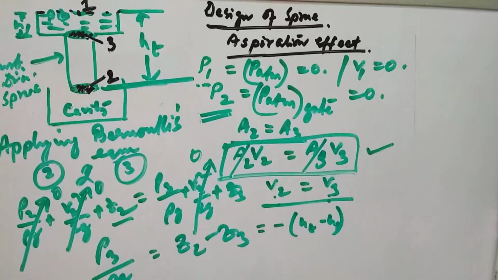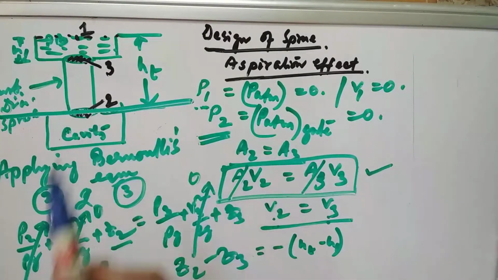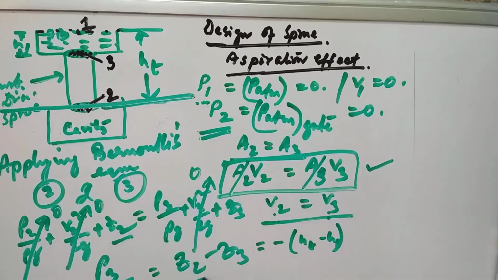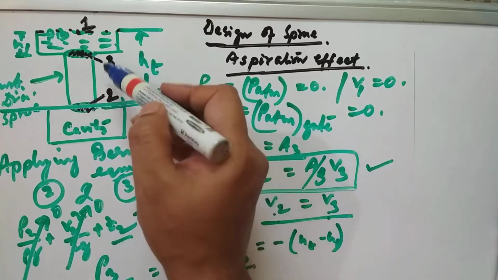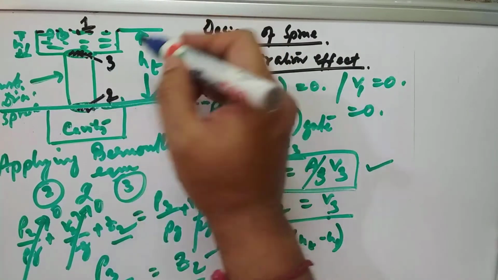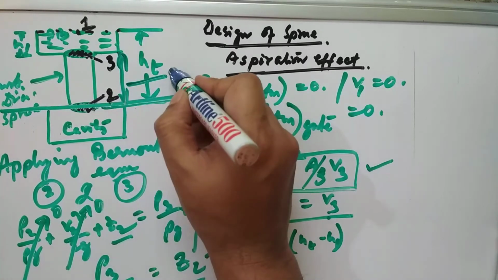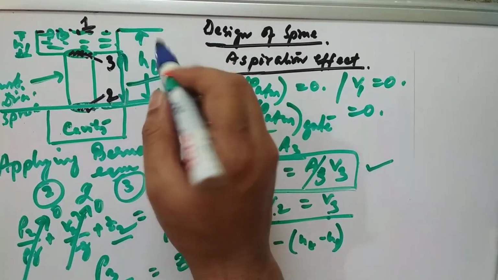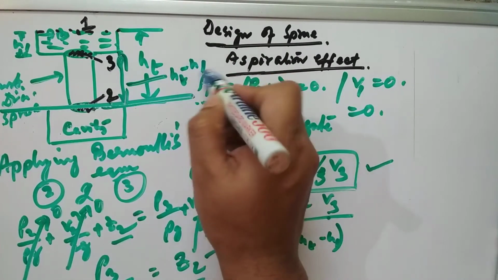As you can see from here, this is point 2, so this is the label, and we are considering Z2 minus Z3. If Z3 minus Z2, so this height will be how much? HT, total height is HT, and this height is H1. So that will be HT minus H1.